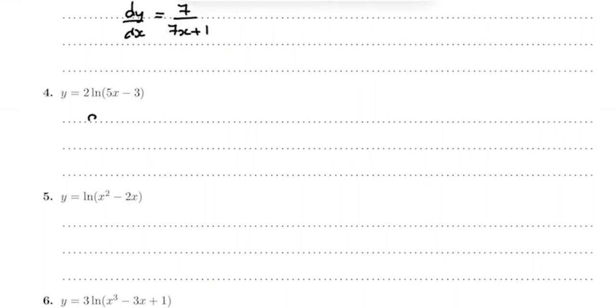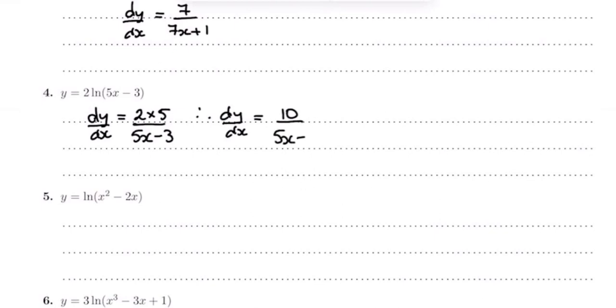Okay, and that rule is true for any log. So you've got your 2 at the front, and then you're going to get a 5, and that's the differential of the thing you are taking the natural log of. And on the bottom, you get 5x minus 3. So therefore, dy/dx equals 10 over 5x minus 3.